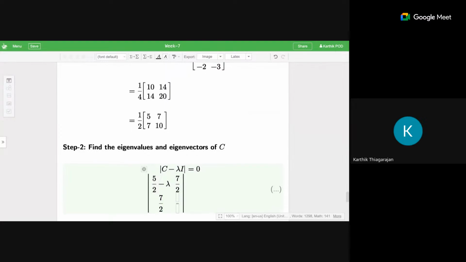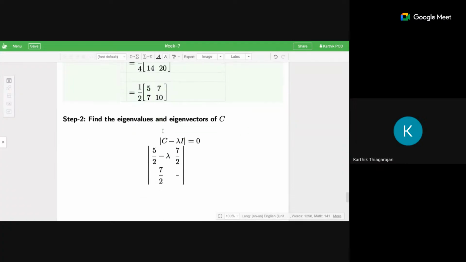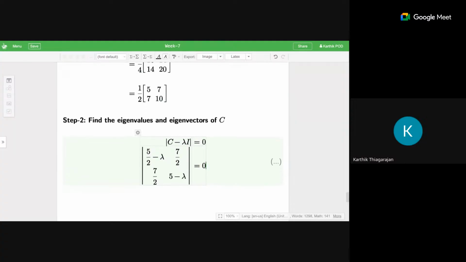Okay, so this is 5 minus lambda. Is that correct? C minus lambda I: 5 by 2, 5 minus lambda, 7 by 2, 7 by 2.